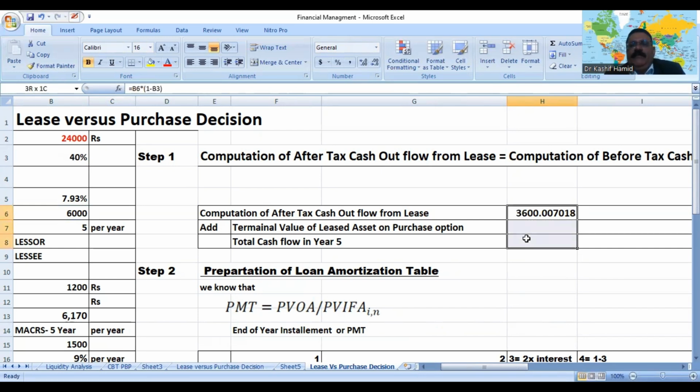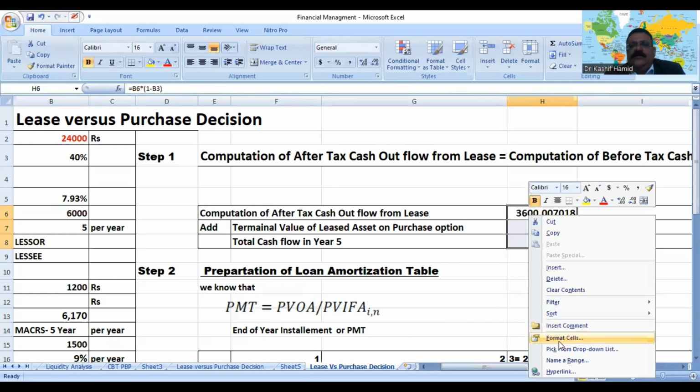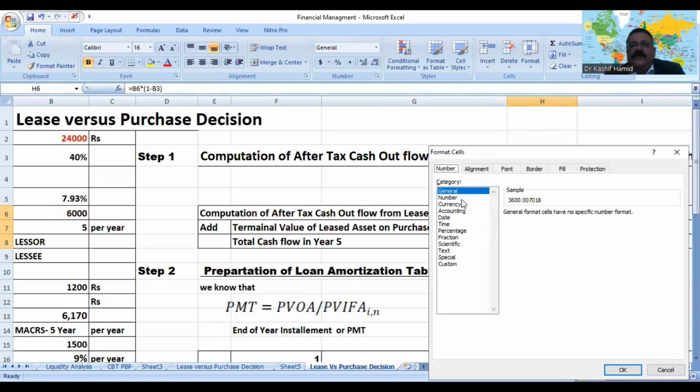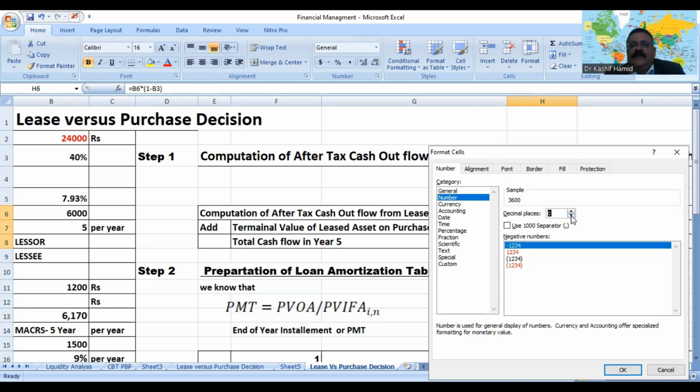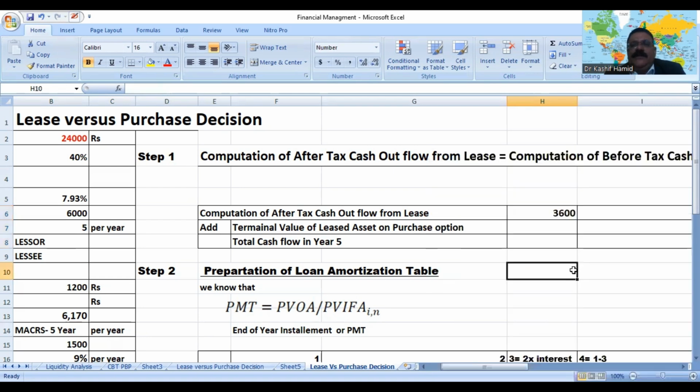We will round it without decimals. This 3,600. Terminal value is 1,200. So the sum of both of these two values is 4,800. So total cash flow in year 5 is 4,800.